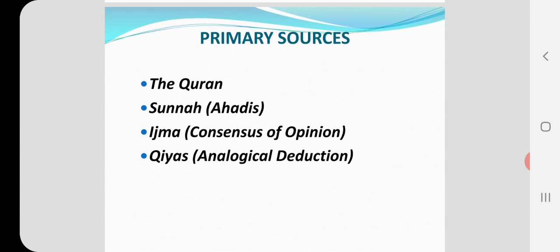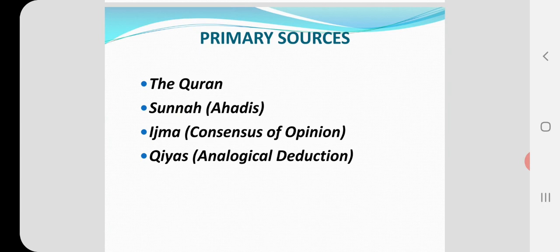Now, what are primary sources of Muslim law? If somebody asks, what are the primary sources of Muslim law? Then the answer is, there are 4 primary sources of Muslim law. The number 1, the Quran, the holy book, which Muslims consider to be the book of God.